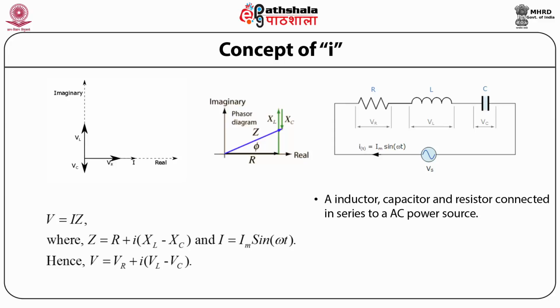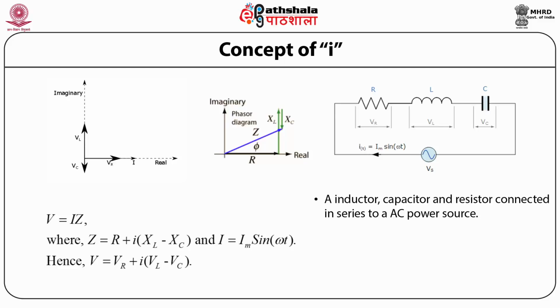So, we represent the VL 90 degrees earlier than I, and that is why if you see in the equation Z is equal to R plus i times XL, XL is in the positive direction, which means the voltage is leading, and then there is XC which is because of the VC happening in the capacitance C, and there the voltage is going to lag. So, that is why it is minus XC.